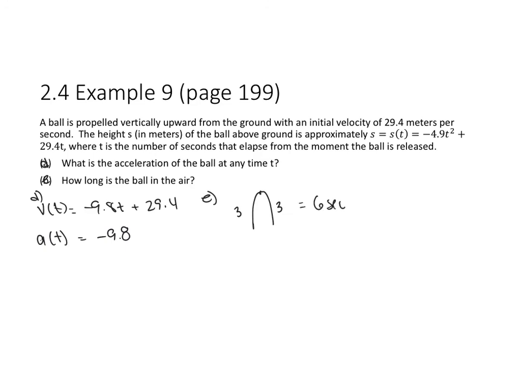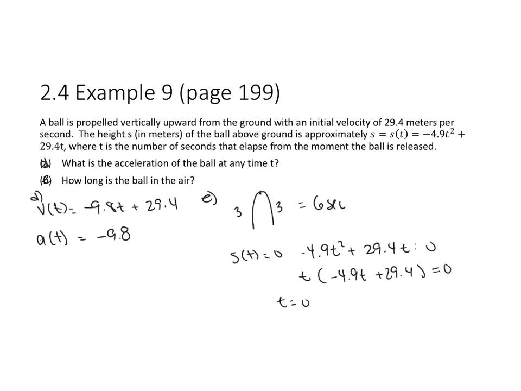Or I could think about when my position function is equal to 0. So when does negative 4.9 t squared plus 29.4 t equal 0? Let's factor out a t, and I get t times negative 4.9 t plus 29.4 equals 0. We'll set each factor equal to 0.